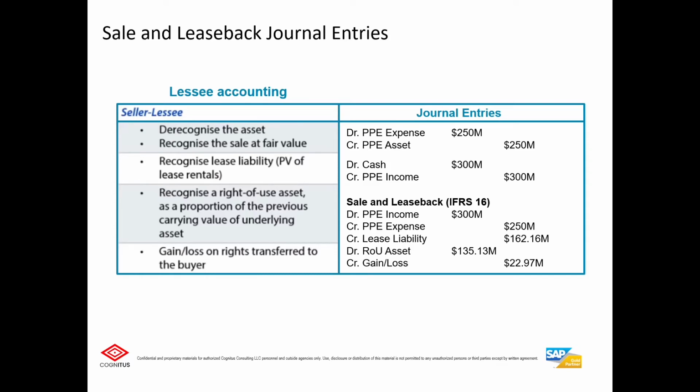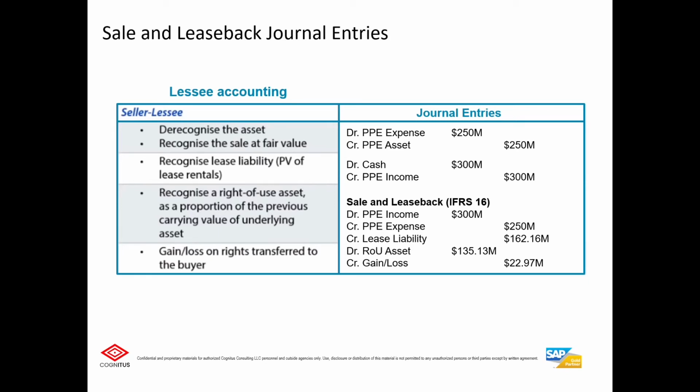The key thing in sale and leaseback is that we need to recognize the asset as the right-of-use asset as a proportion of the previous carrying value of the underlying asset, which is debit ROU 135.13 million. And lastly, we need to work out the gain or loss on the transfer, which is quite simply a balancing figure, where we credit gain or loss 2.97 million.